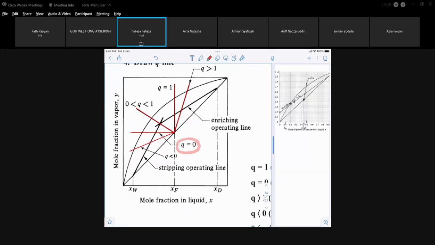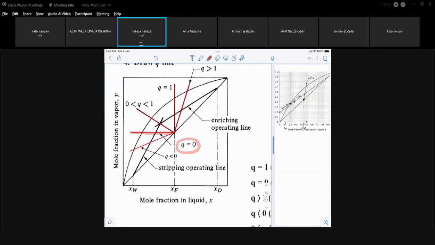When the Q value is equal to 0, your line will be horizontal. You don't need to get the slope or the y-intercept. You know it's going to be horizontal.